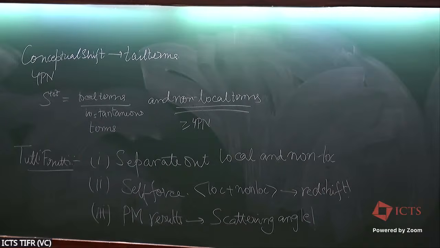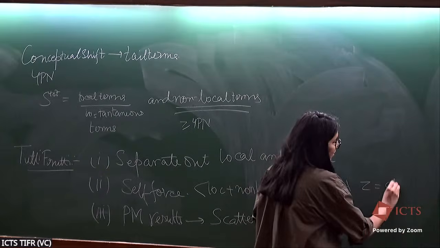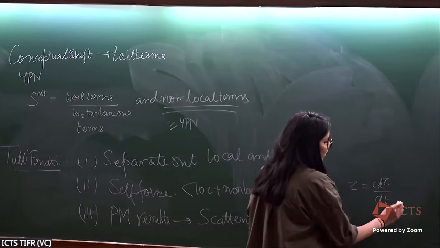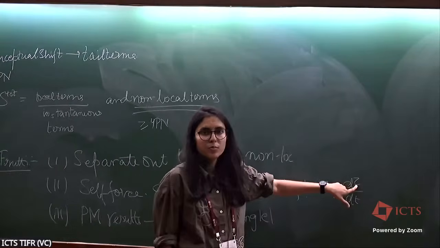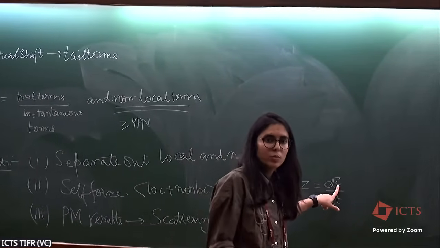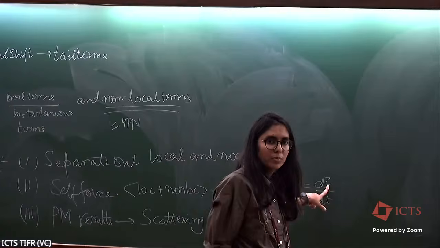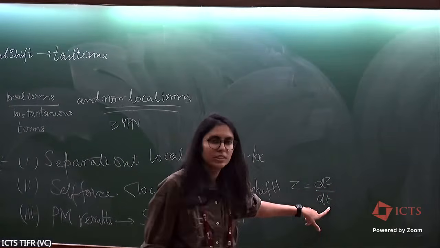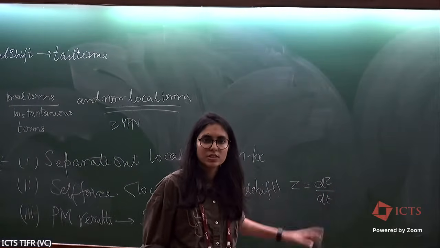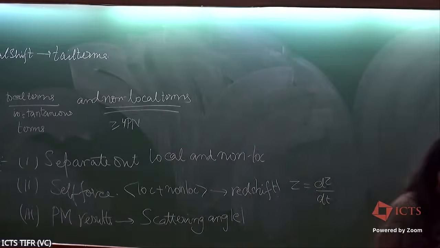Yes, it's the redshift observed by the observer outside. One can imagine that this tau is the proper time of the point particle or the test particle that's moving around the primary object, and this is the coordinate time of the observer. So this is the redshift that we are talking about. So let's go one by one and see how we use these key steps.